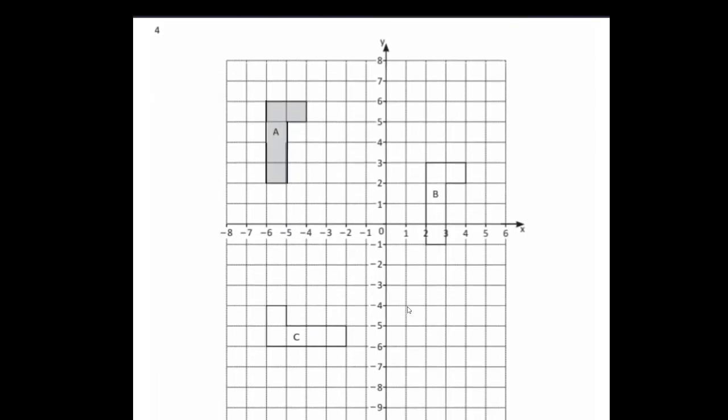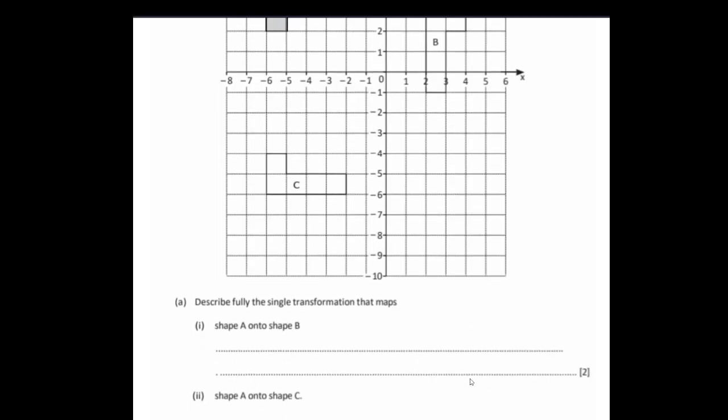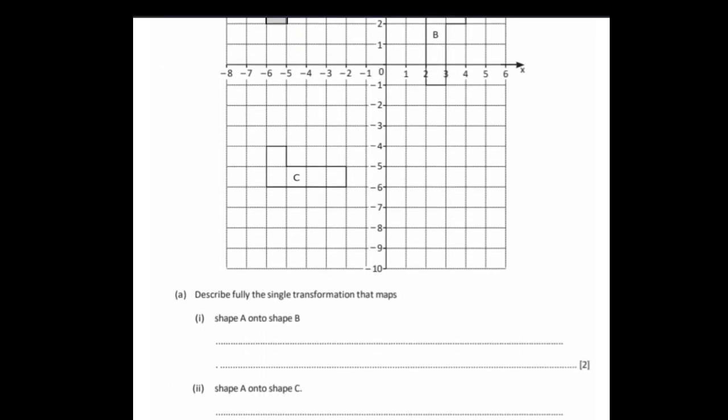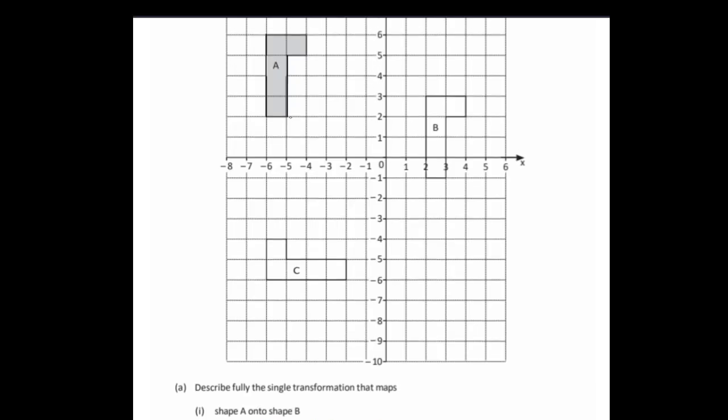Question number 4. This is a transformation question. Describe fully the single transformation that maps shape A onto shape B. This is shape A and it is mapping onto shape B. When you see this, it's getting shifted. This kind of transformation is called a translation. So write down translation by, and count the boxes.